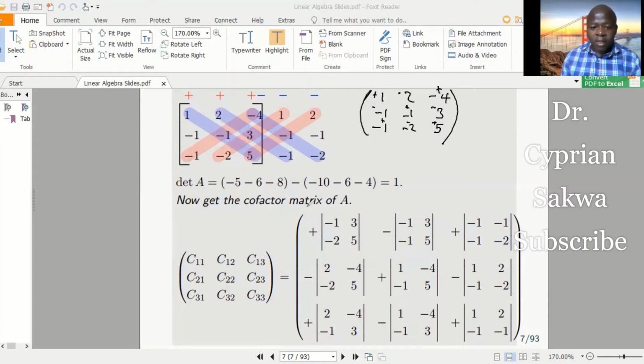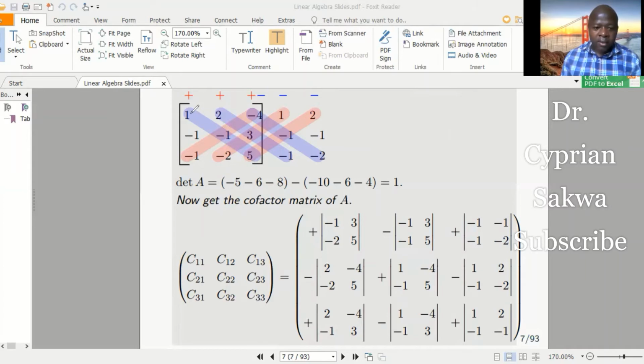And that's why you can see I put a positive here, and I put a negative here. Positive, negative, positive, negative, positive, negative, positive. So they alternate. Okay, so that's how we find those signs.